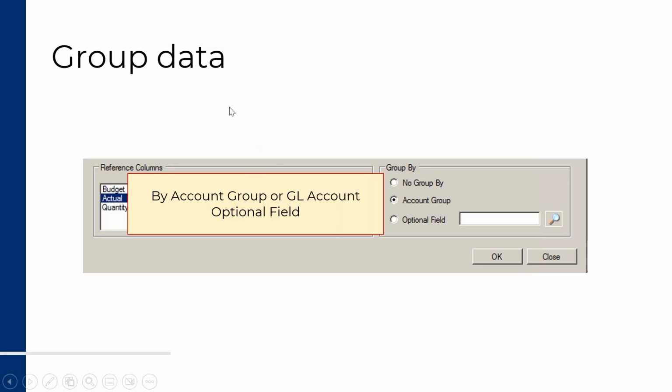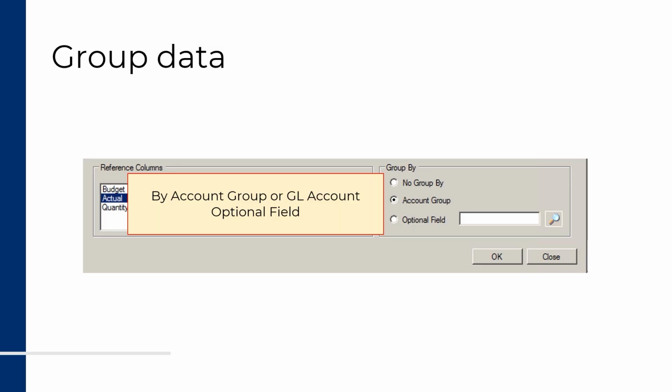In terms of sorting your data, again, depending on what your ERP offers, in the Sage 300 world, we group the Wiseplanner or the budgeting data by account group as well as GL account, but we also do it by optional field. So, for example, this is an example we've seen, so I'll share if it's applicable to you.